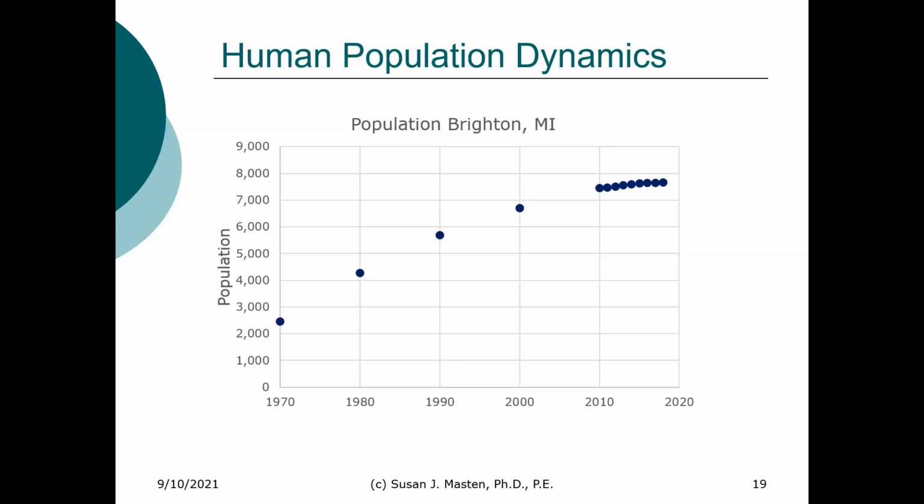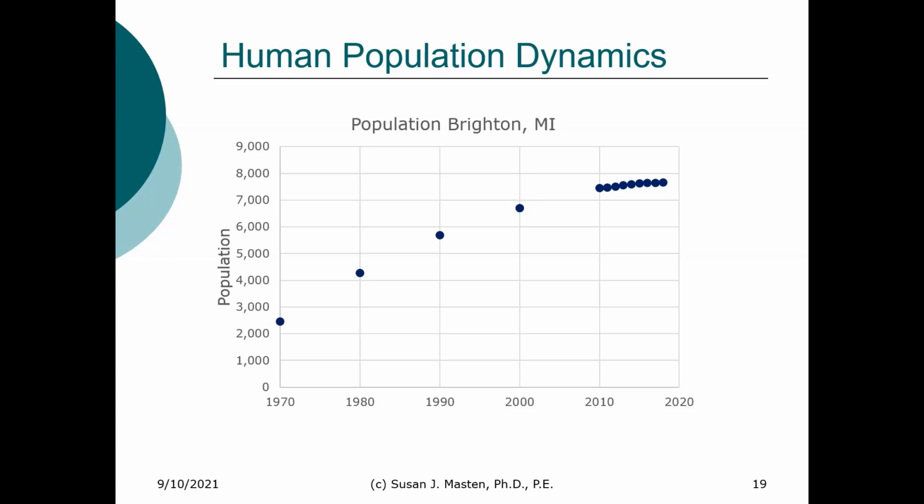I'm going to ask you the question. What is the best model for predicting the population of Brighton? Okay, so most of you said a logistic model with limitations. A few of you were distributed amongst the other models.